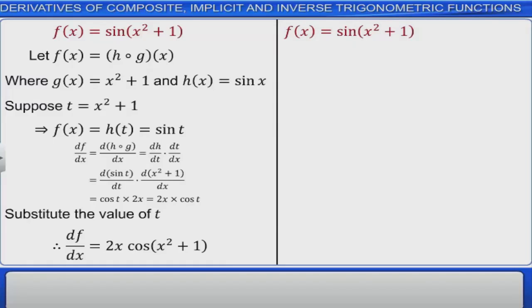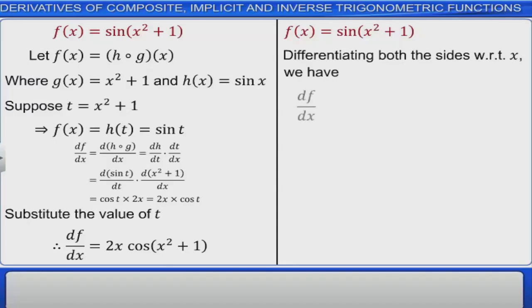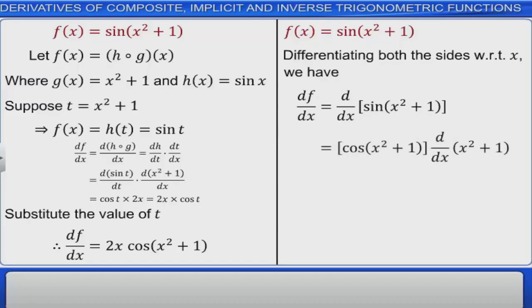Now, by the chain rule, we get cos of x squared plus 1 into d by dx of x squared plus 1. The derivative of x squared plus 1 with respect to x is equal to 2x. Hence, the derivative of the given function is equal to 2x into cos of x squared plus 1.